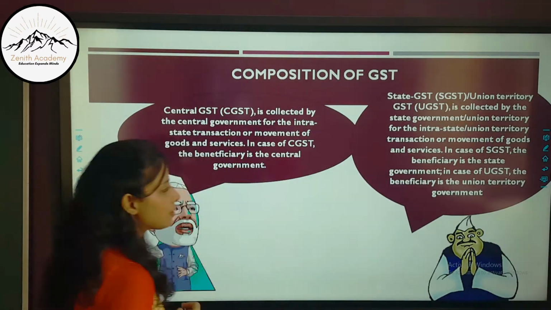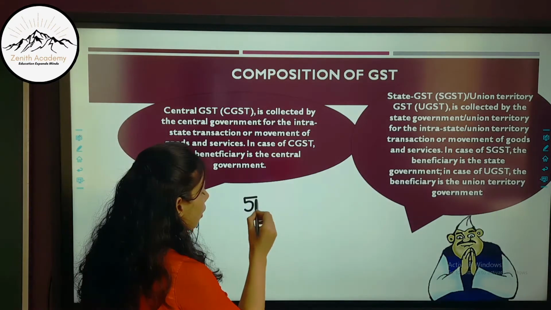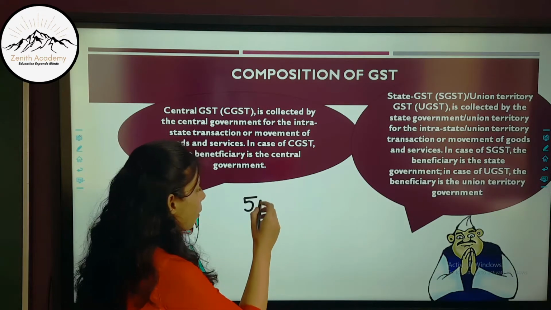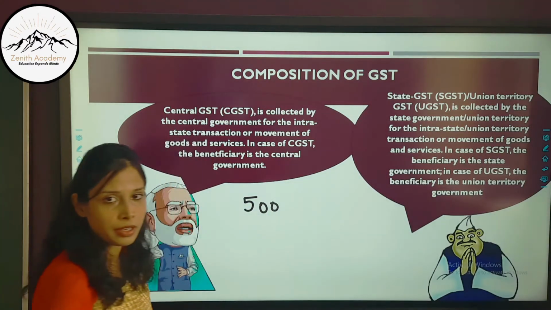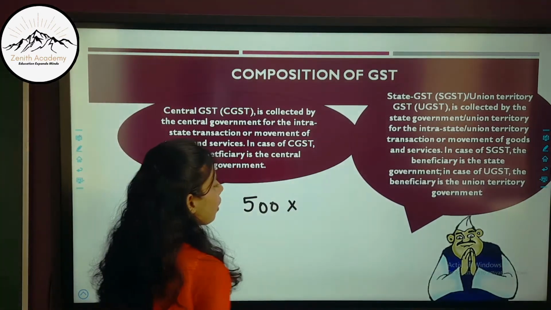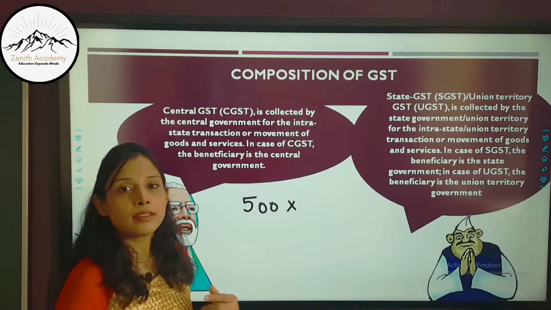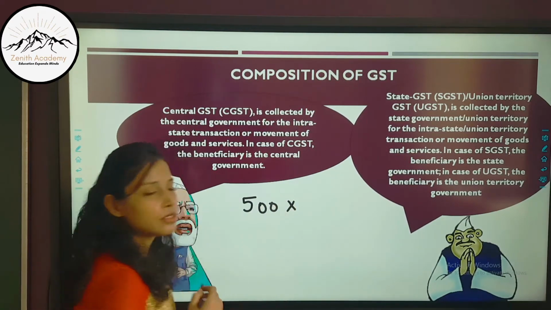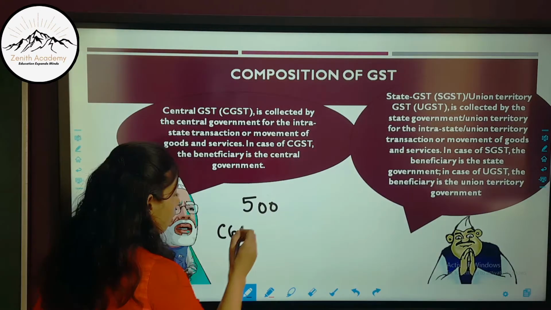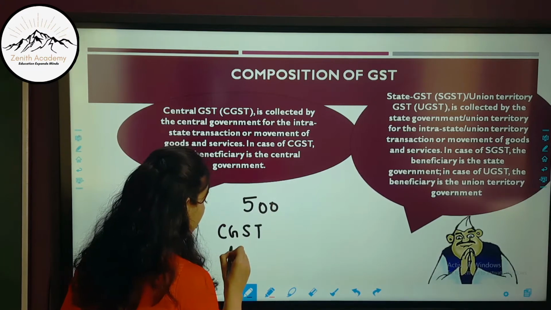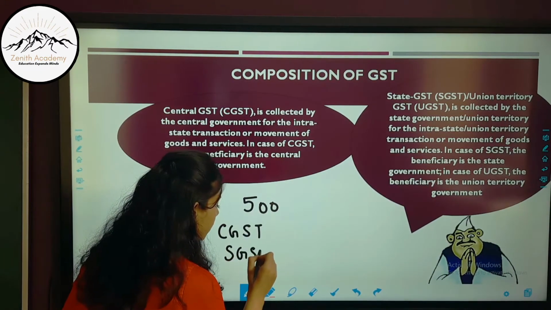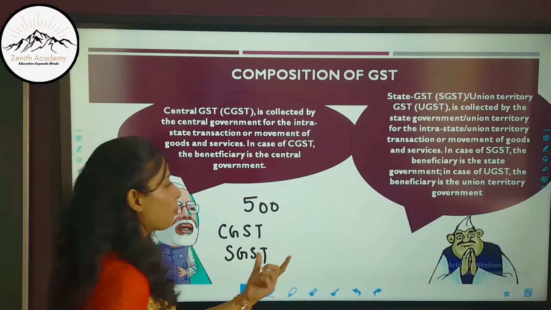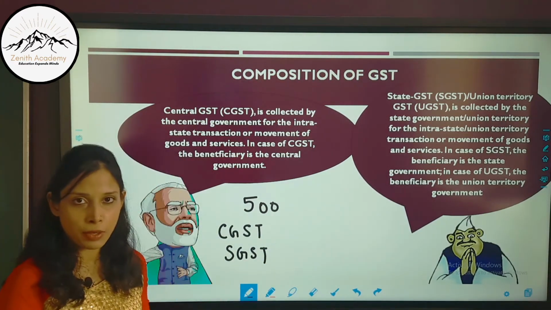So suppose in our example, a product we buy is of rupees 500 and we need to pay the GST. So how will GST be charged? First it will be CGST and then it is SGST. So let's suppose the rate of tax is 10%.